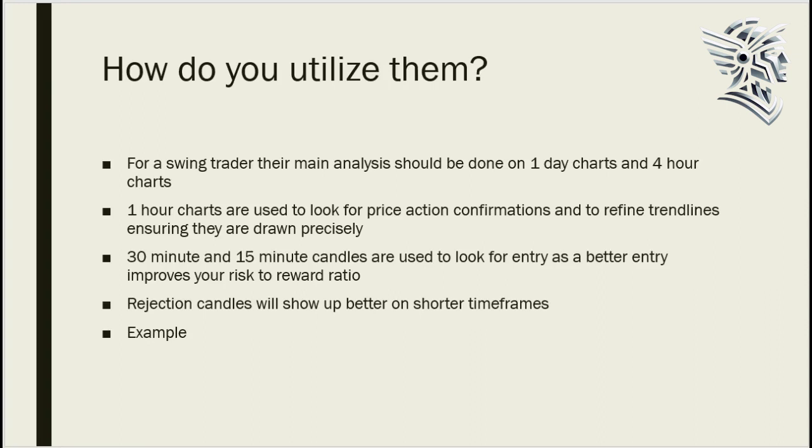Your 30-minute and 15-minute candles are used to look for your entry, as the better your entry, the better your risk reward ratio. Rejection candles also show up better on shorter time frames.